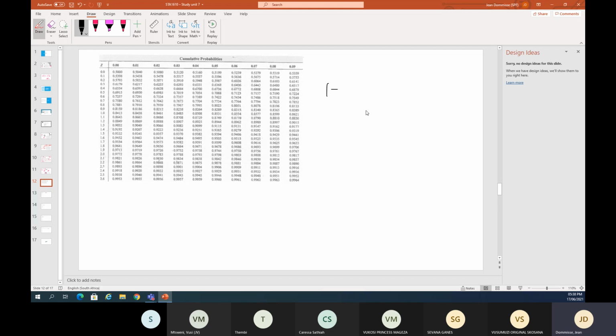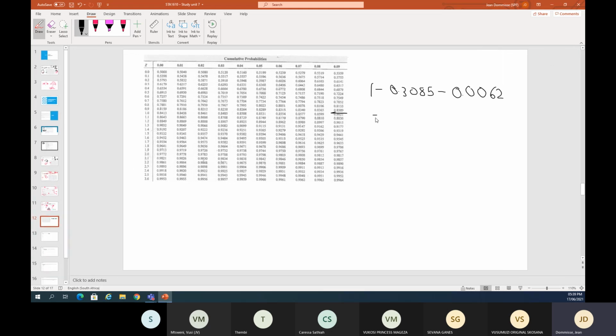The 2.5 that we had in purple would have been 0.0062, and the other one, 0.5, would have been 0.3085.